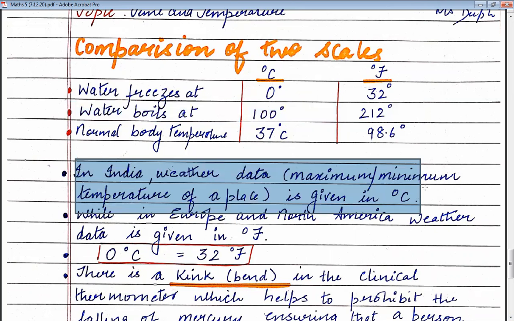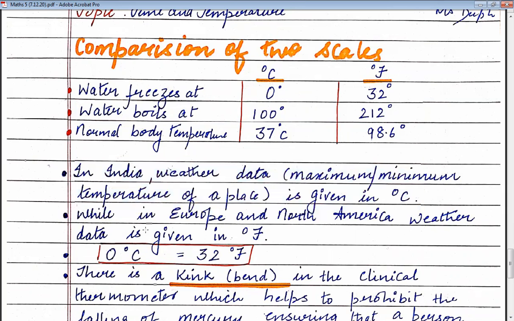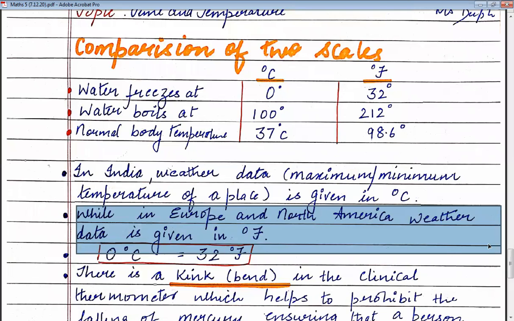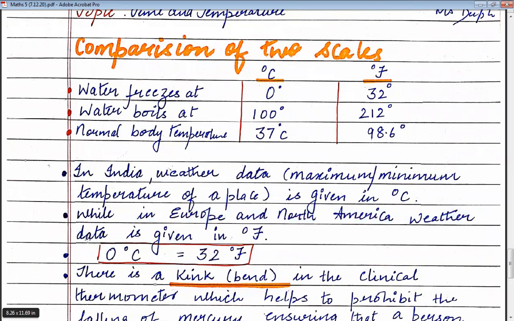You must have seen in the newspaper that maximum and minimum temperature is always given in degrees Celsius. In Europe and North America, weather data is given in Fahrenheit. Is it clear? And if you check your thermometer, 0 degrees Celsius is equal to 32 degrees Fahrenheit.